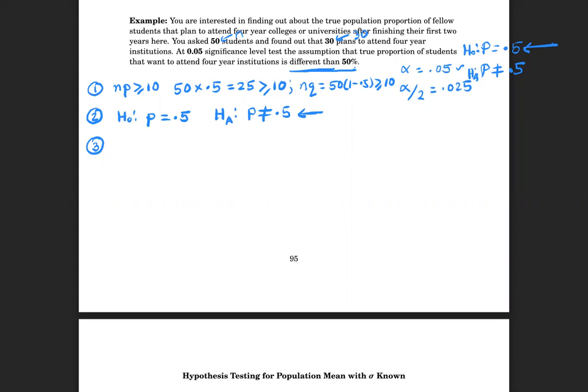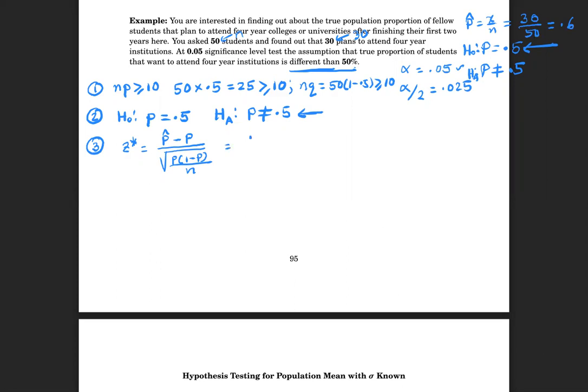Your test statistic, Z star, is going to be P hat minus P, all of it divided by the square root of P times 1 minus P divided by N. P hat, by the way, is X over N, which is 30 over 50, which is 0.6. So your P hat is 0.6.